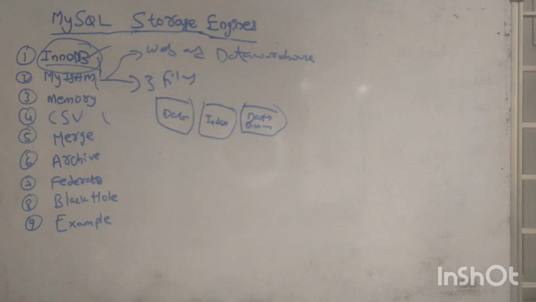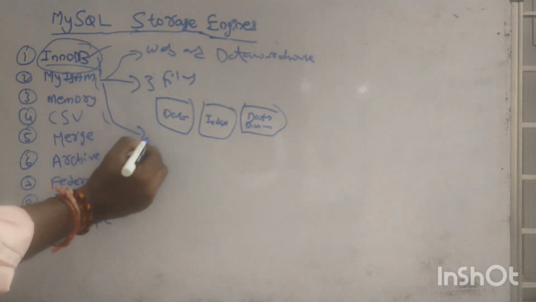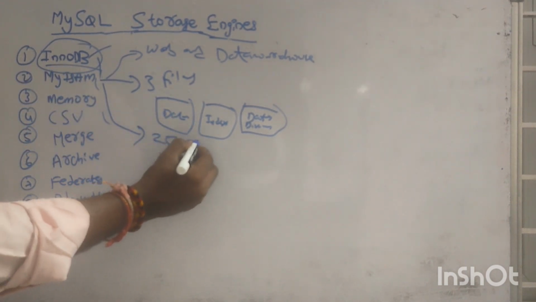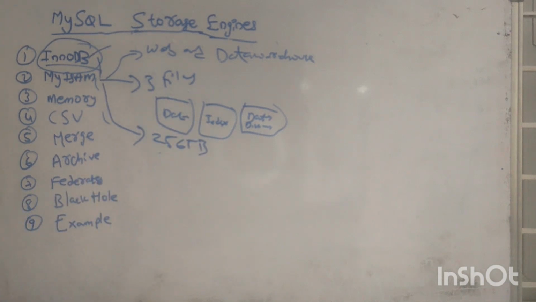By default in MyISAM, the table size is 256 terabytes. It will allow the file to grow until the default limit of 256 terabytes, and you can increase it till 65,536 terabytes.